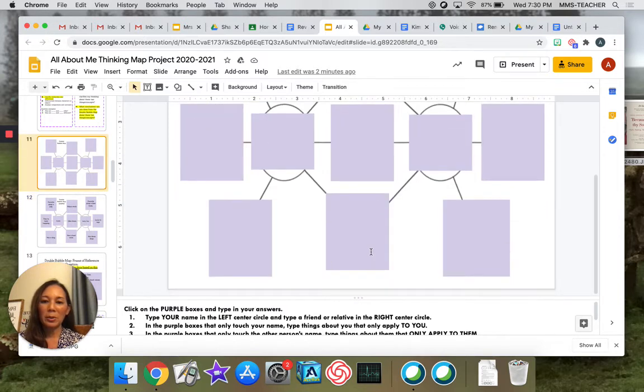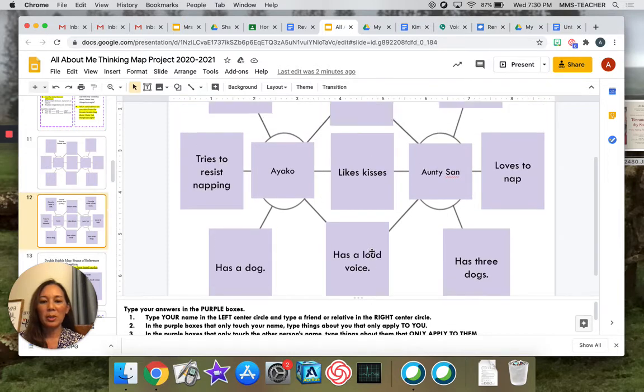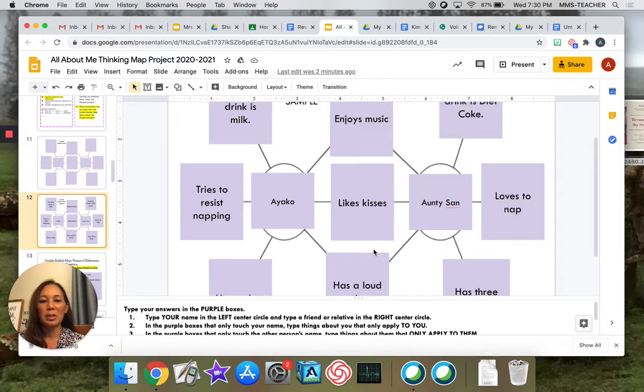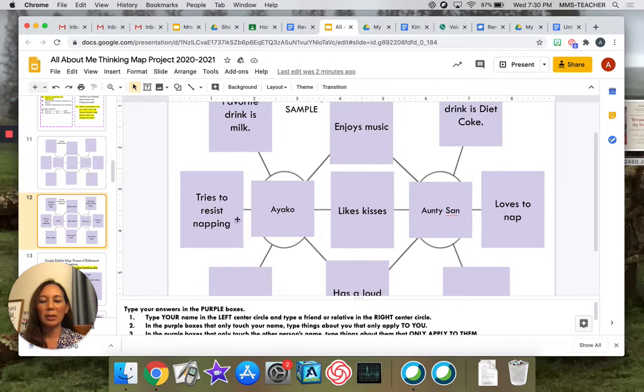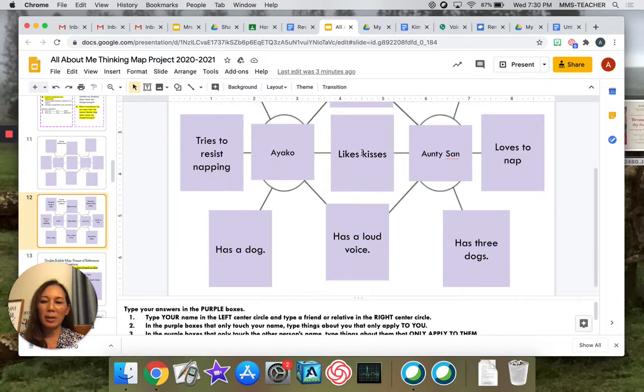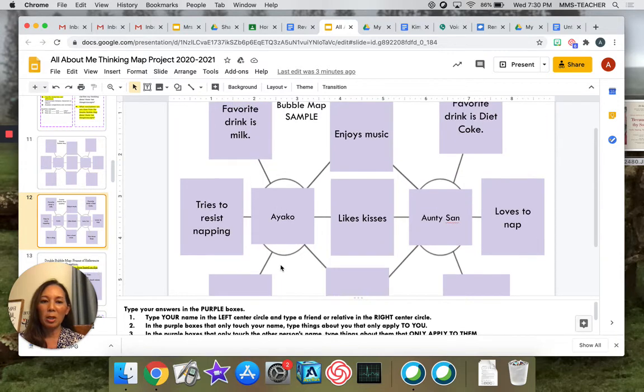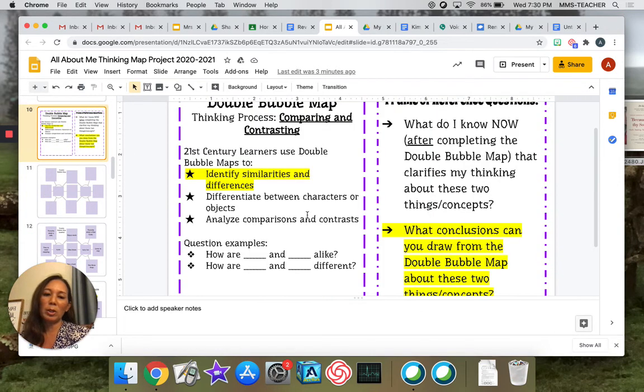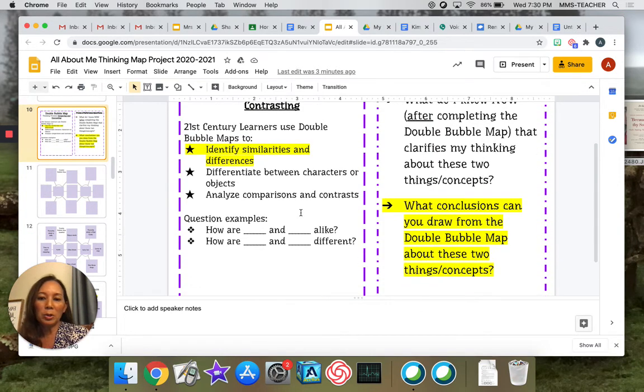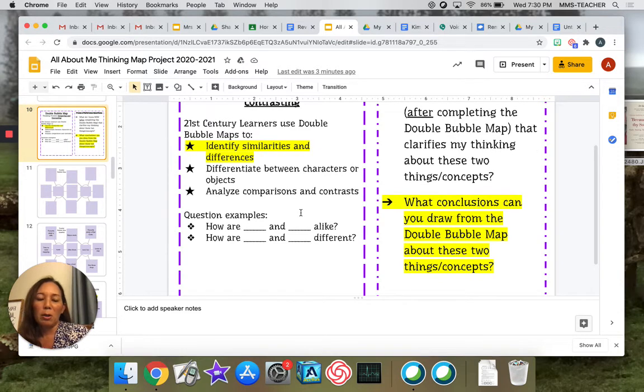Okay, so this double bubble shows their differences on the outside and their similarities on the inside. Okay, now the last thing that you're going to do is you're going to come up with a frame of reference. Now, I want you to think of 3 conclusions, and let's look at the frame of reference question again. What conclusions can you draw from the double bubble map about these 2 concepts?